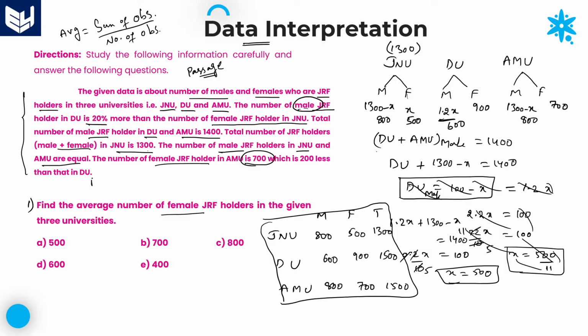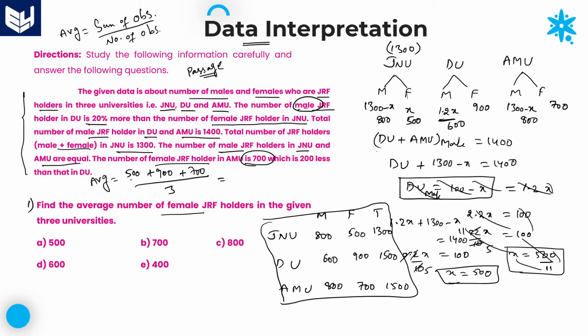So as we are calculating number of female JRF holders, we need to take the sum of all females, which is equal to 500 plus 900 plus 700 divided by number of universities, that is 3. We just add all these values.